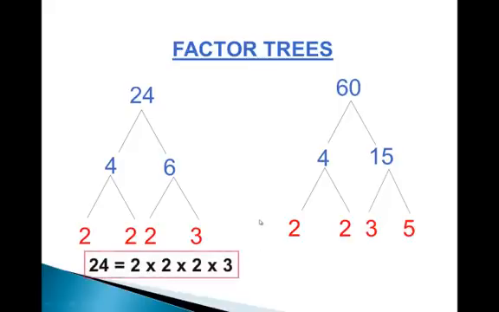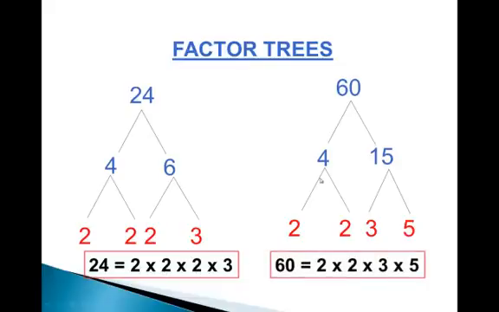Now if you recall, the way we can then write it is 24 is equal to 2 multiplied by 2 multiplied by 2 multiplied by 3, and the prime factors of 60 are 2 multiplied by 2 multiplied by 3 multiplied by 5. So that's the first step.